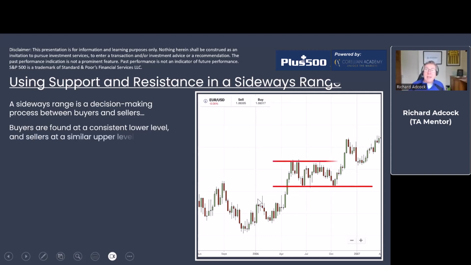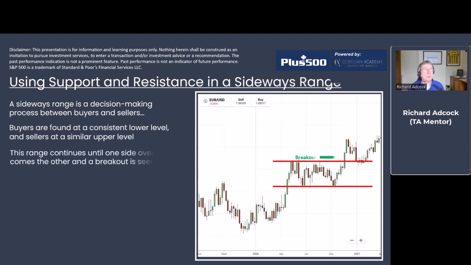We then get a parallel resistance point where the buyers have been held and we start to encounter sellers around the resistance area, the previous highs, to see extension of this choppy sideways trading activity, this decision-making process to see who actually comes out on top, be it the buyers or the sellers, at which point we will see a breakout occur.